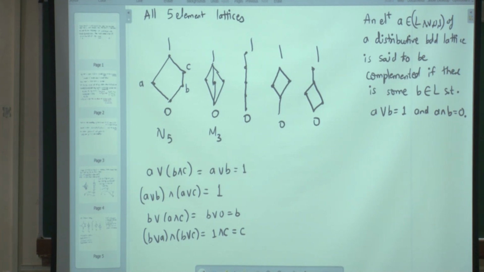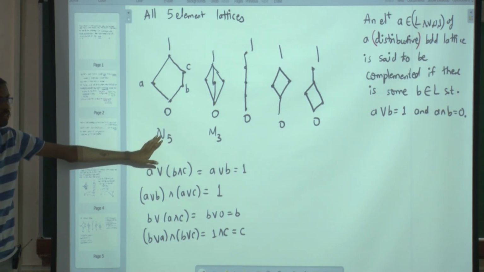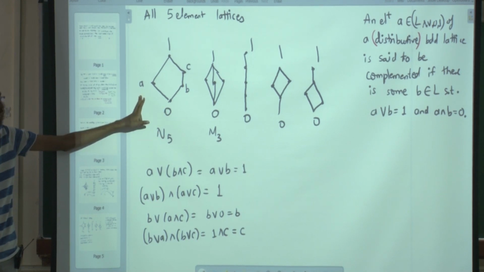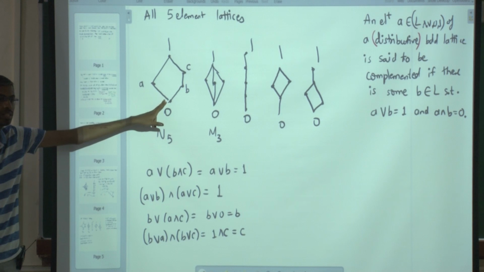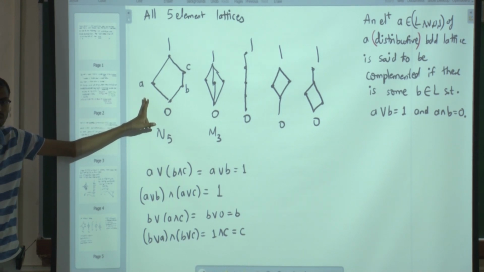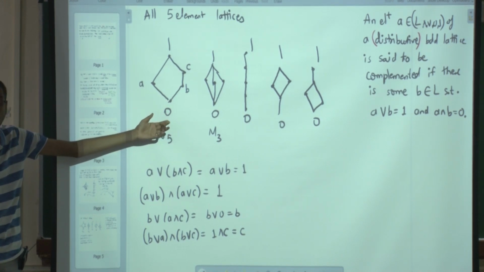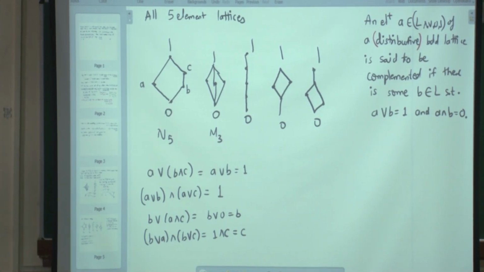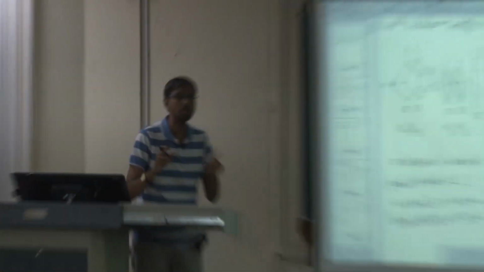Maybe I should say that the word distributive is not really essential for this definition. Yeah, this is not distributive, but there exists a complement for A. For B also there exists a complement, namely A and C. Oh no, for B only A. But A can have multiple complements. In a distributive lattice, however, if the complement exists, then it is unique.